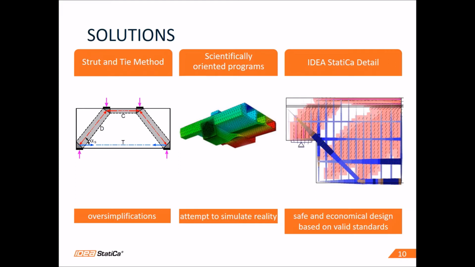So you get some virtual reality with the average crack width, not the code checks, and you really must be an expert to know the material models, to do the meshing and so on, and it takes you weeks to compose such a model.